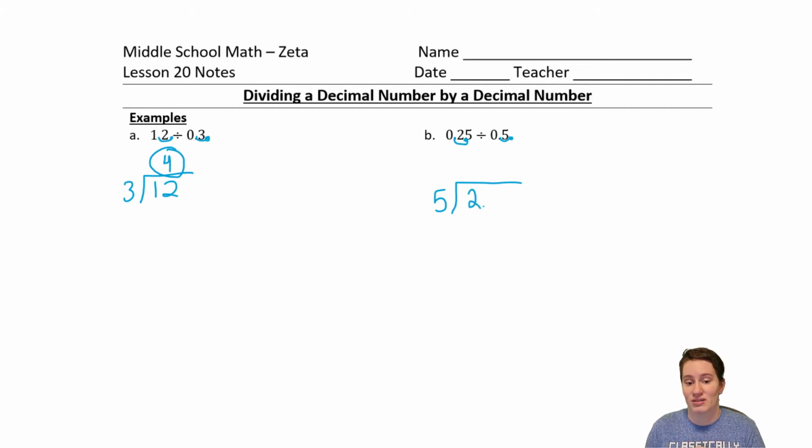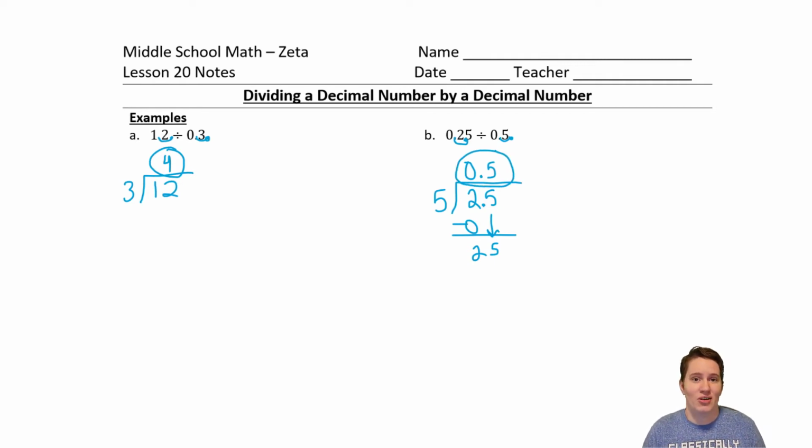That turns it into 2.5. And then we do our division. We say 5 goes into 2 no times. We could put a 0 up here and minus 0, but we don't have to do that. We could just say, now 5 into 25 goes 5 times. So our answer here is 0.5.